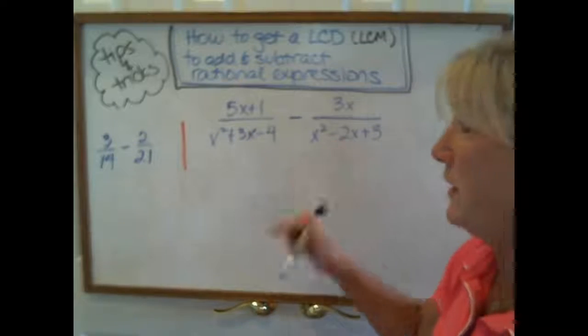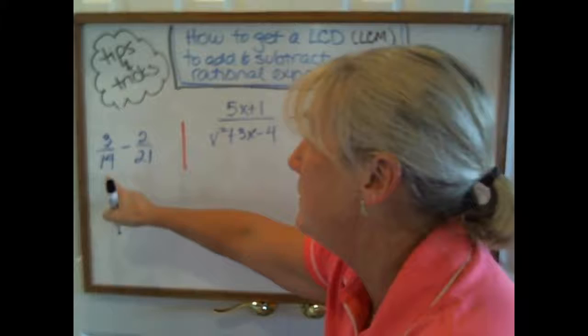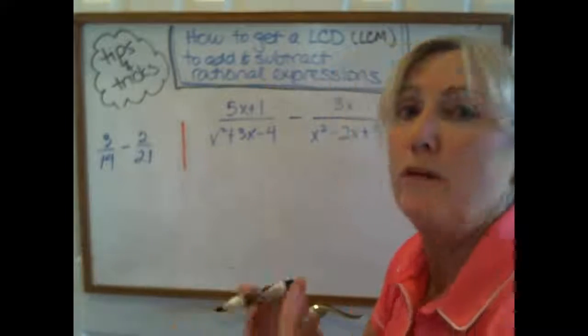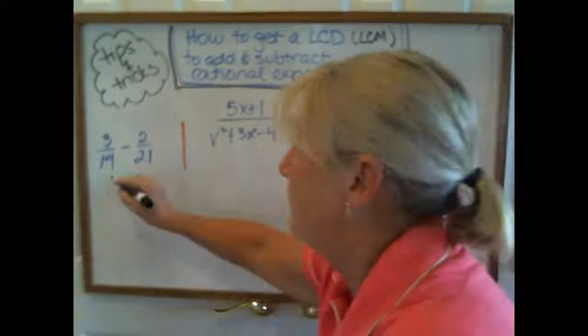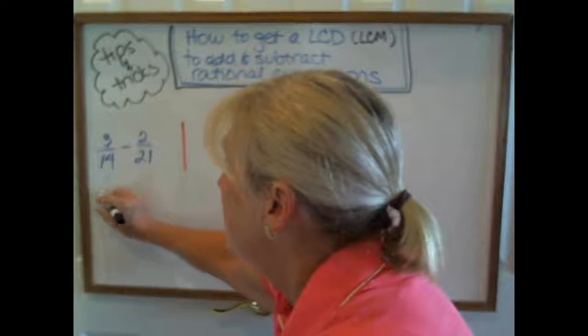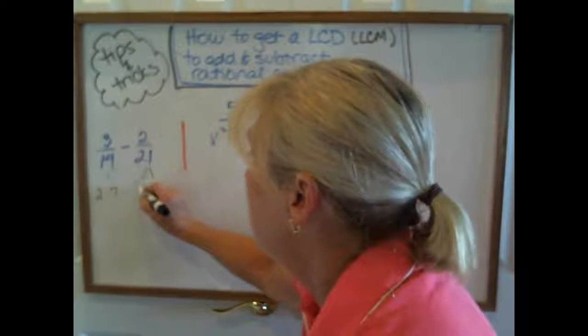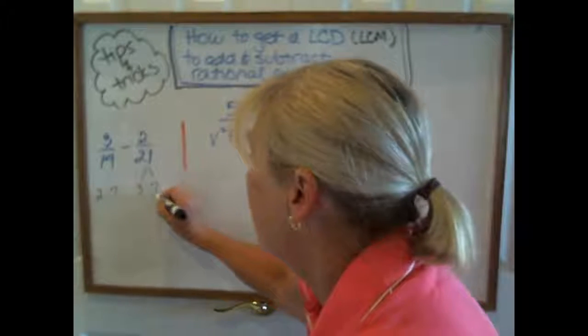rational expressions and polynomials. The first thing you need to do is factor each one of the denominators to figure out what the least common multiple would be. So 14 would be 2 times 7, and 21 would be 3 times 7.